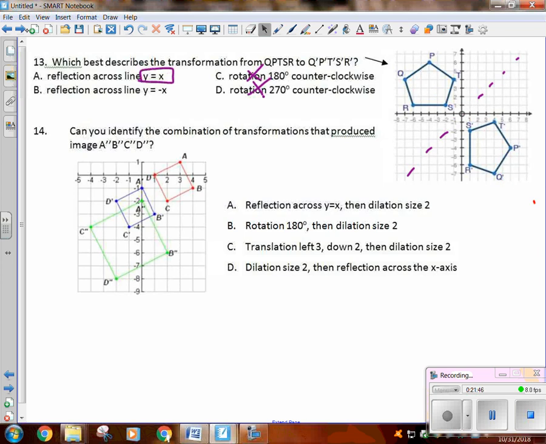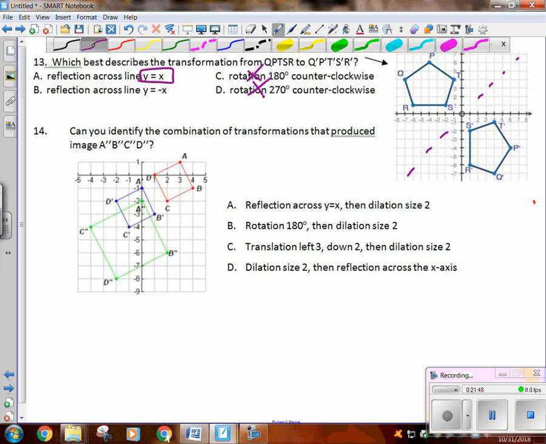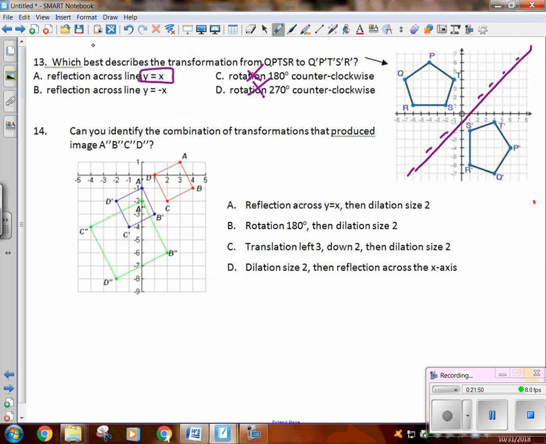So if I have my line right up through here, y equals positive x, everything on this side of the line has a matching point on that side, and the distance should be the same. This side should match this point, and that's T prime. Sure enough, everything above the line has a matching point below the line, so A is the correct answer.